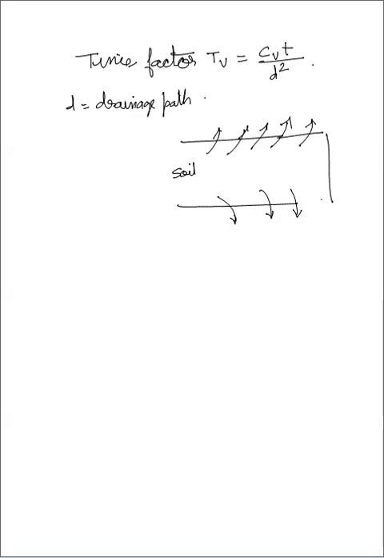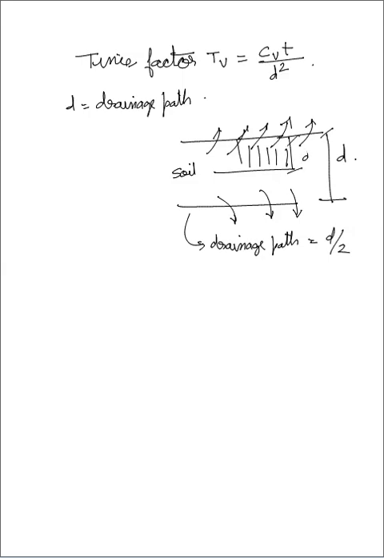The thickness is D. So the effective drainage path will be taken as D by 2, because half of the water moves out each way. So drainage path is D by 2.